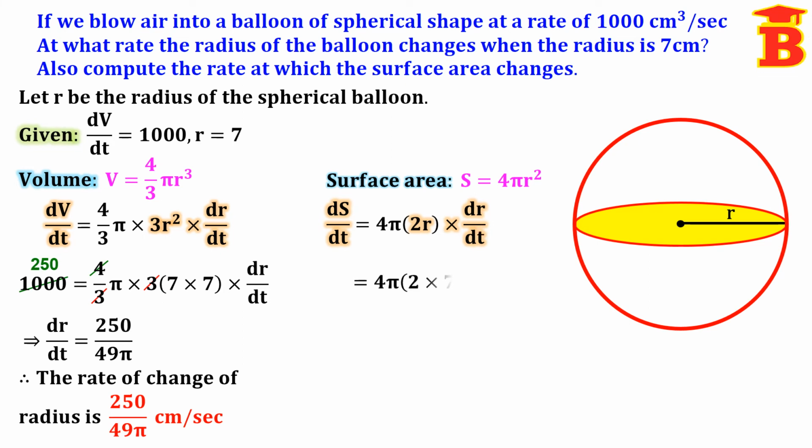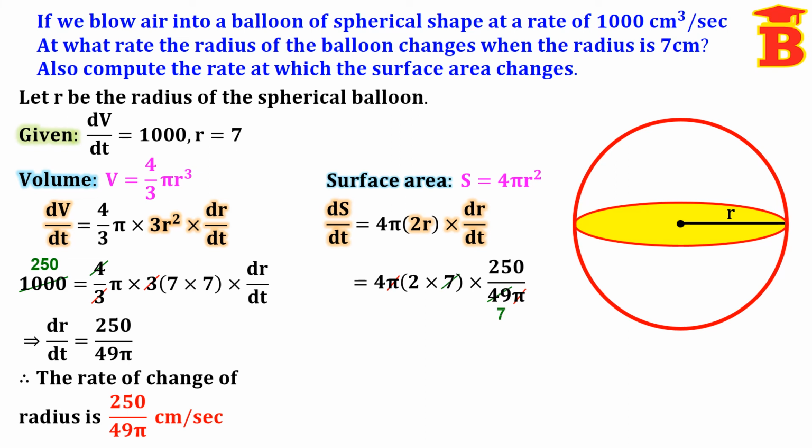Now substitute the given values. 4 pi into 2 into r value is 7 into dr by dt, just now we have got it, that is 250 divided by 49 pi. Just simplify and get the answer. Here we can cancel pi and pi.